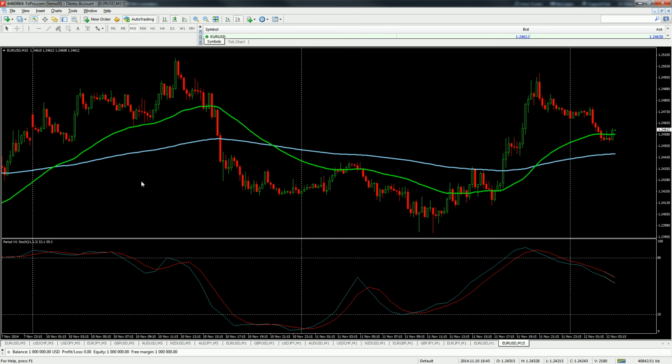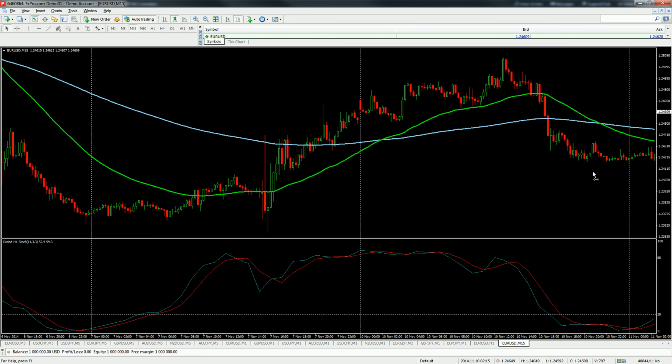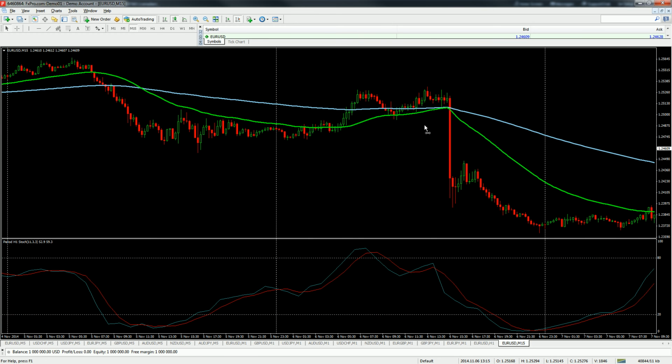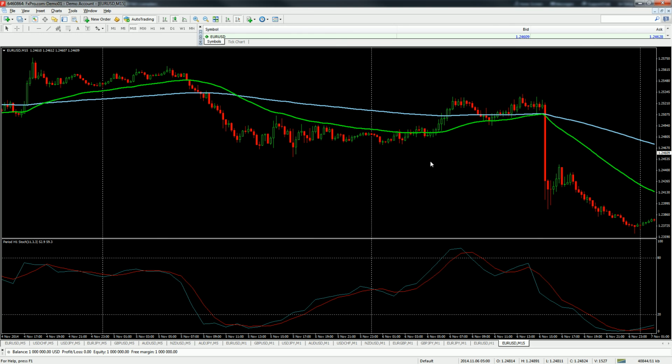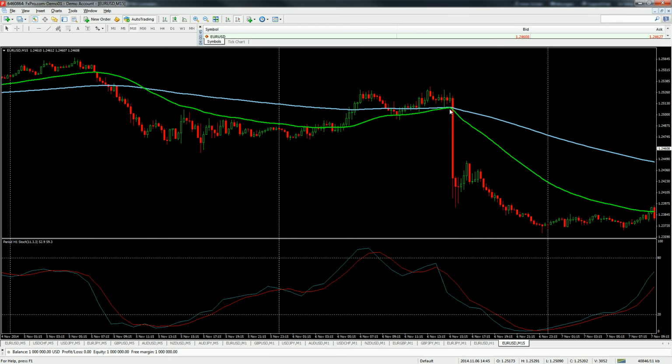Also, to tell what trend it's currently in, you can throw in a 50 EMA and a 200 exponential moving average. This will show you what trend it's currently in. If the 200 EMA, which is blue, is over the 50 EMA, which is green, then it's in a downtrend.